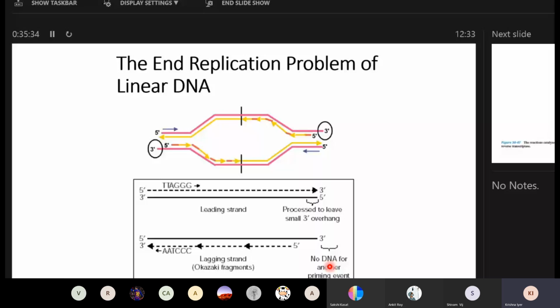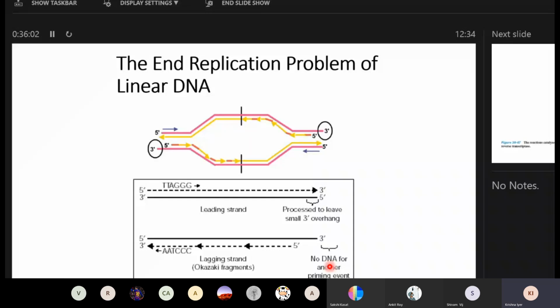Okay. Now, how do we solve this problem? Normally, and this is very, very interesting, many of the cells in our body do not solve this problem. So when they replicate, the new daughter DNA is slightly shorter than the parent. And you might think that could be an issue.